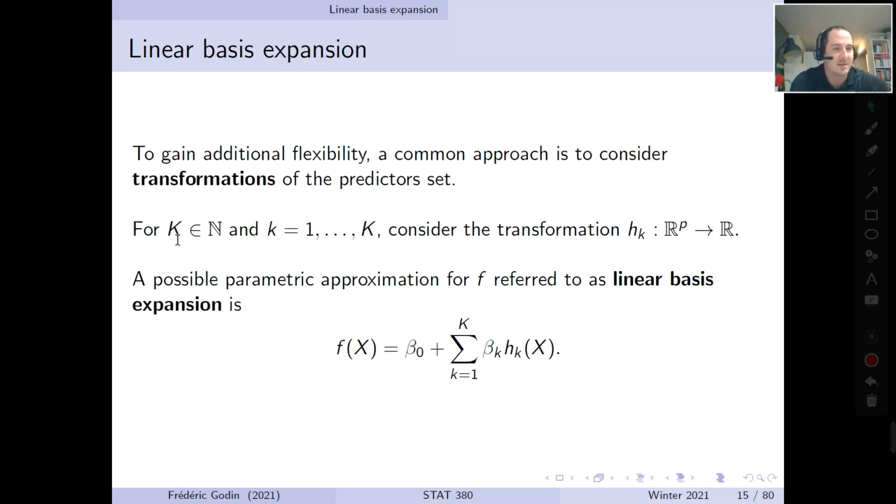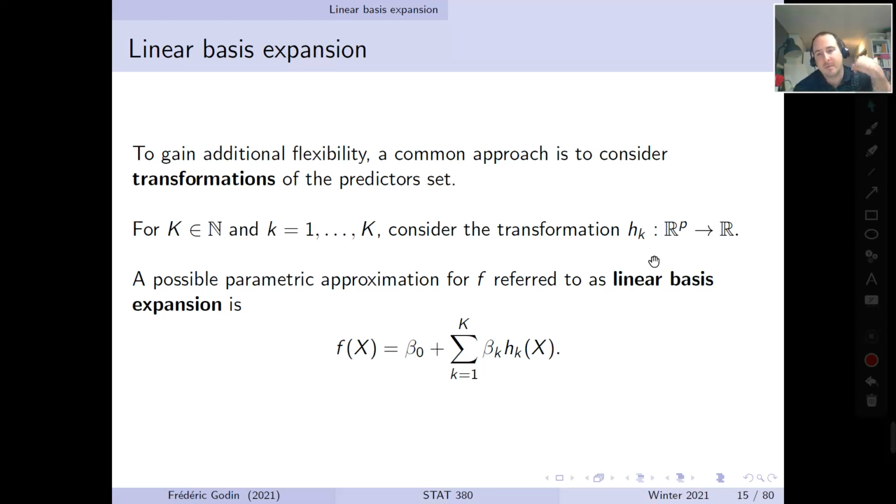It's some other k. But for the various k's, we can consider a transformation called H_k, which takes all predictors of an observation and returns a real number. And we can consider capital K such transformations, so H_1 until H_K.